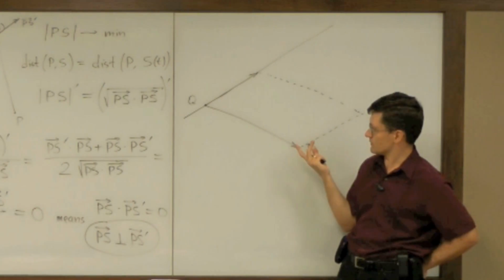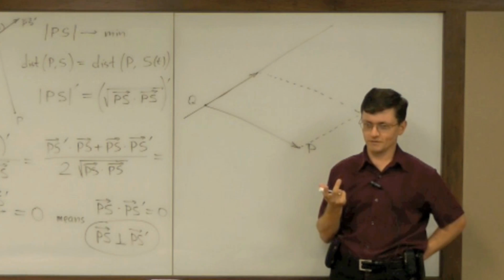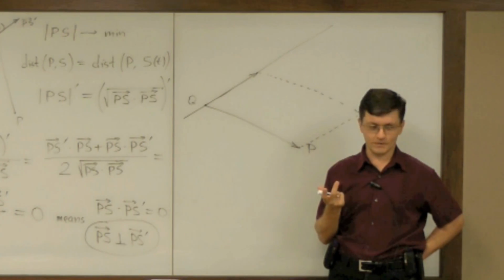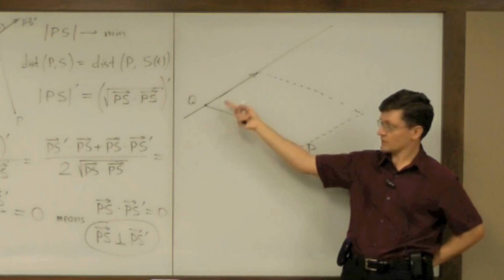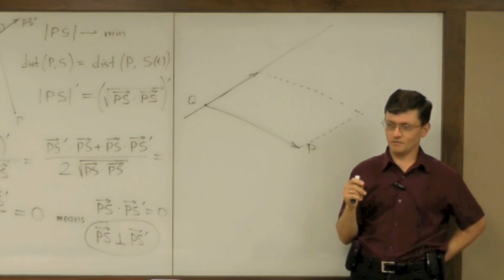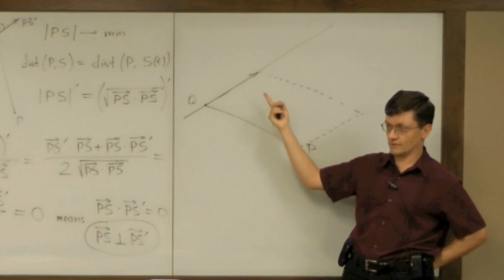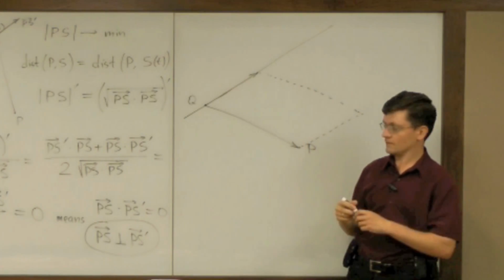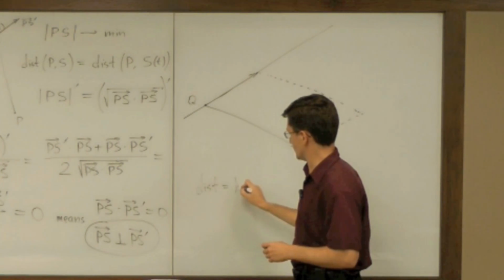Well, then what I'm thinking is that a perpendicular from P to the line can be interpreted as the height of something. Maybe as the height of triangle, maybe as the height of parallelogram. And as I make this parallelogram, isn't the distance the height of that? So the distance is equal to the height.